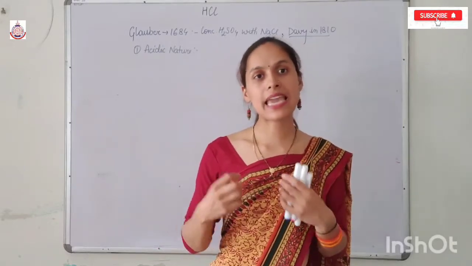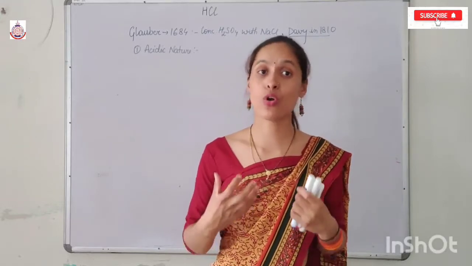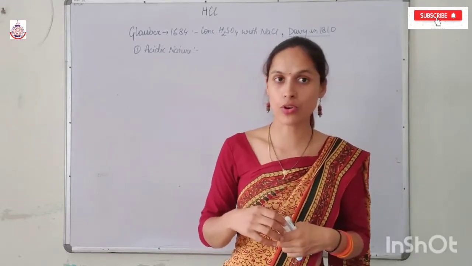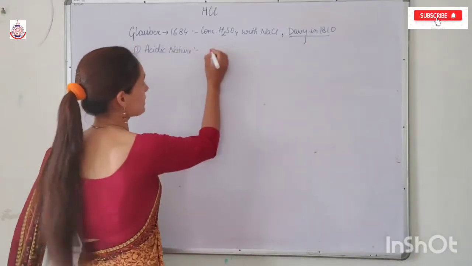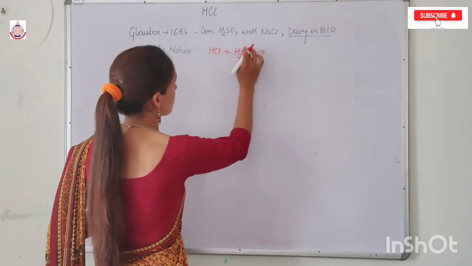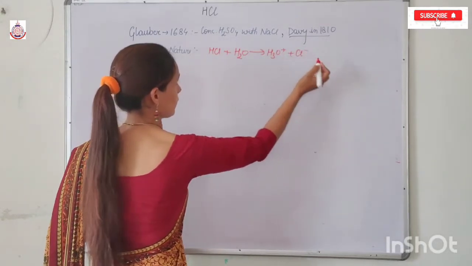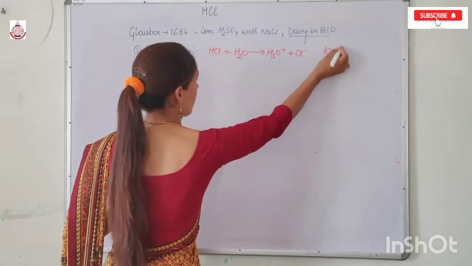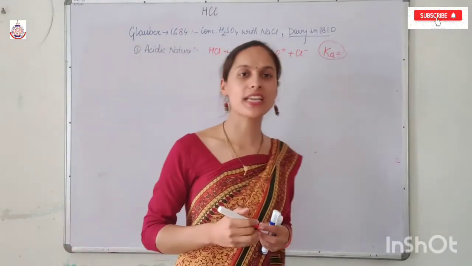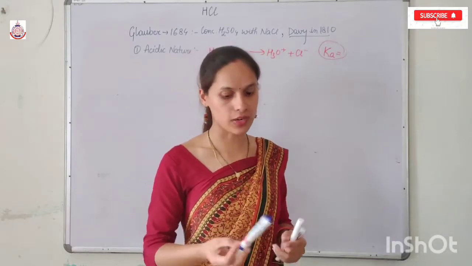Through its Ka value, we also get to know that it is a very strong acid. So when HCl reacts with water, it forms H3O+ plus Cl-. And through the Ka value, we know that it is a very strong acid.